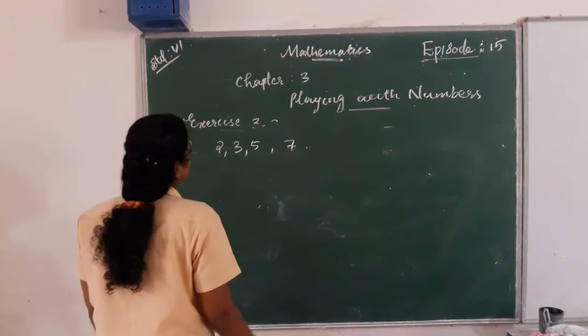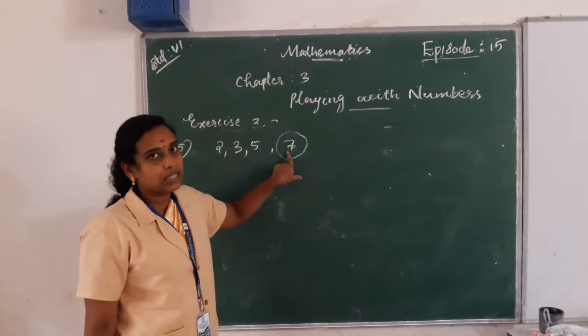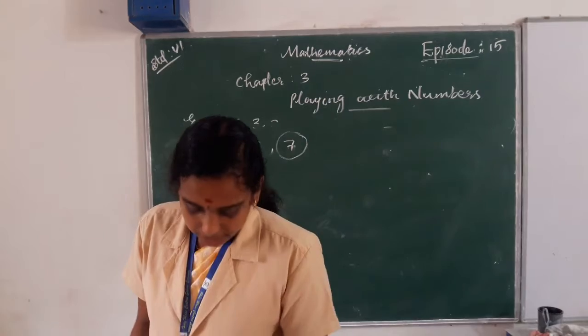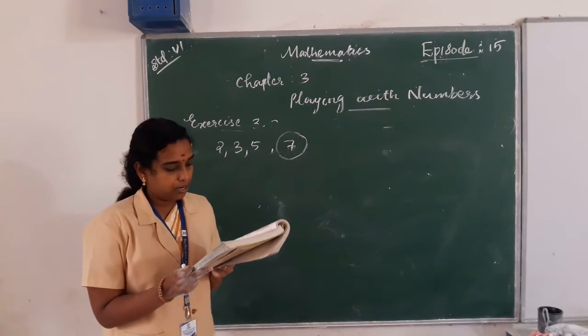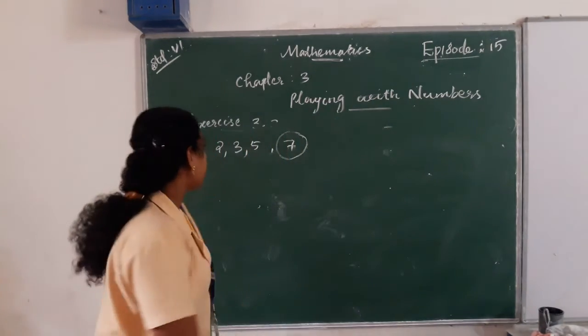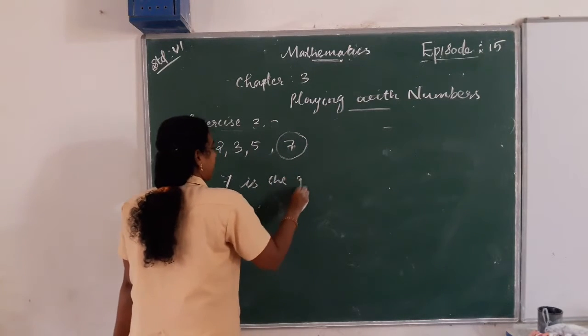And which is the greatest prime number between 1 and 10? 7 is the greatest prime number between 1 and 10. So the answer is 7.